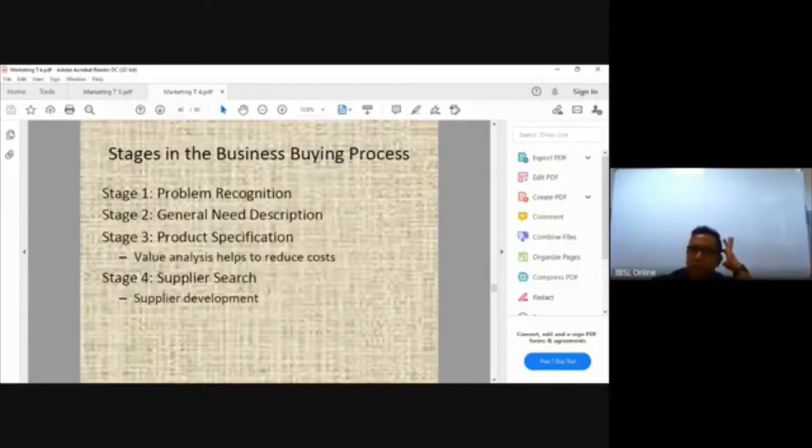Now the stages in the business buying process.